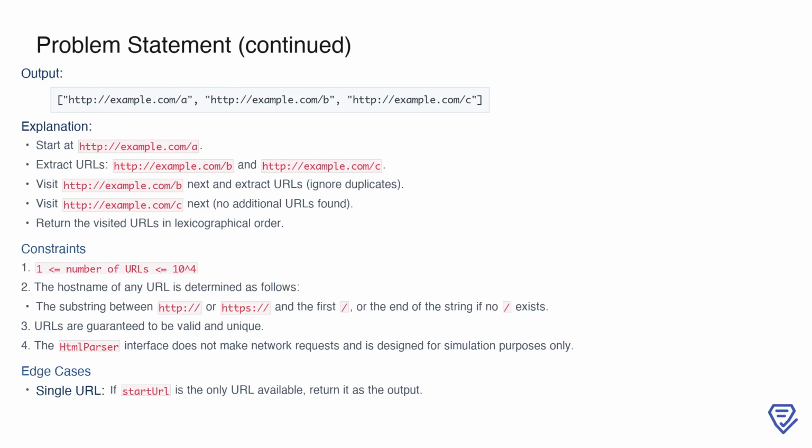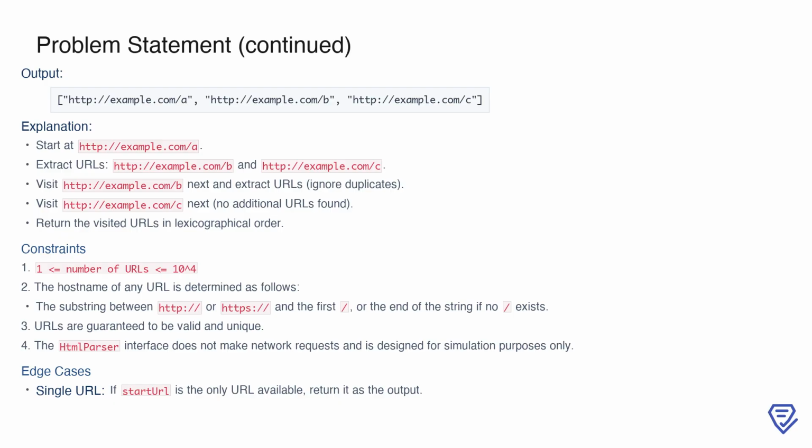In the second example, the output contains three URLs, http://example.com/a, http://example.com/b, and http://example.com/c, sorted in lexicographical order. The explanation outlines the steps clearly, starting at http://example.com/a, extracting two new links, and then visiting those pages.